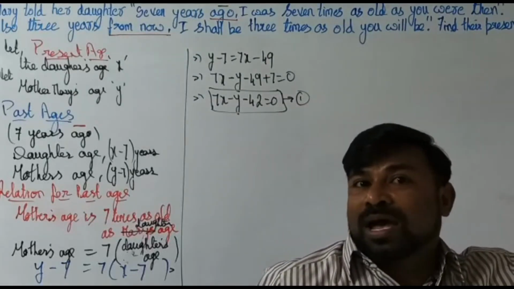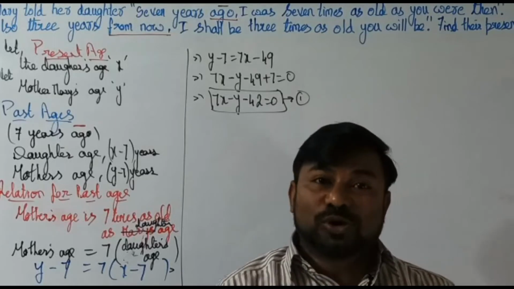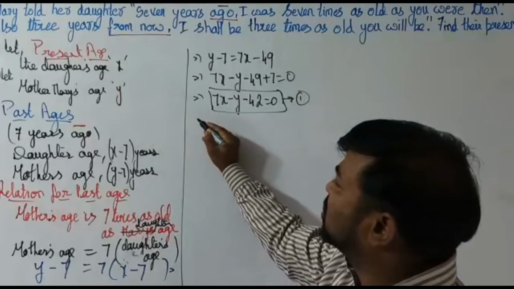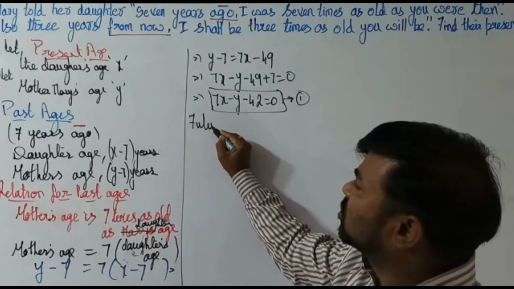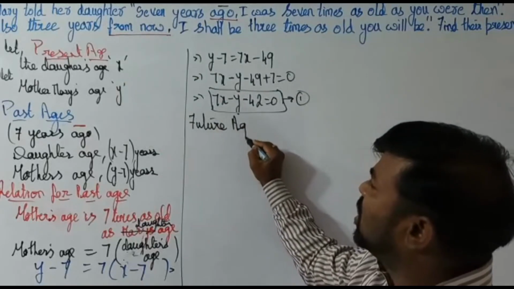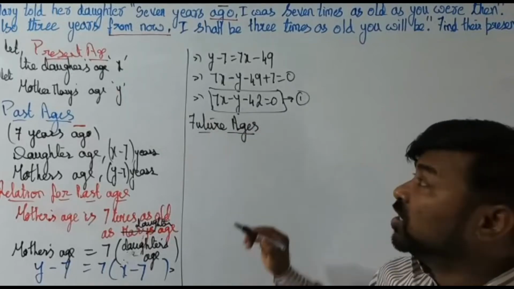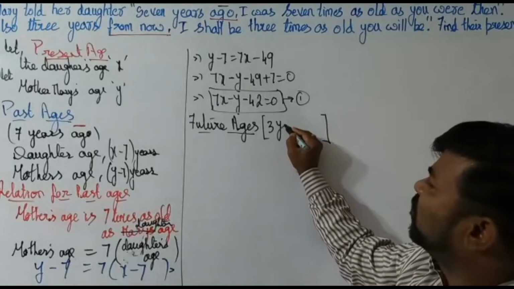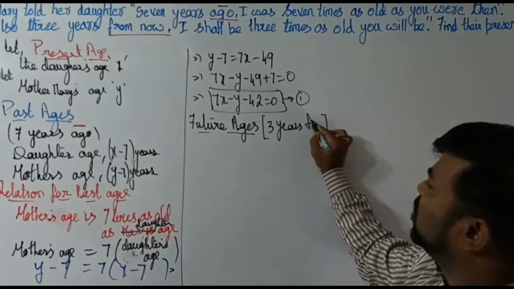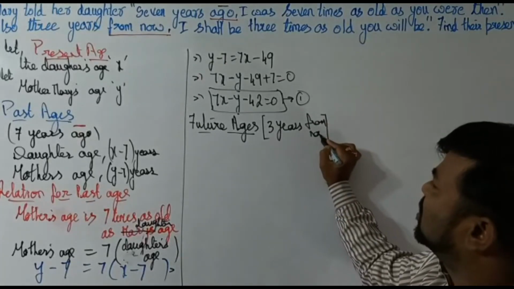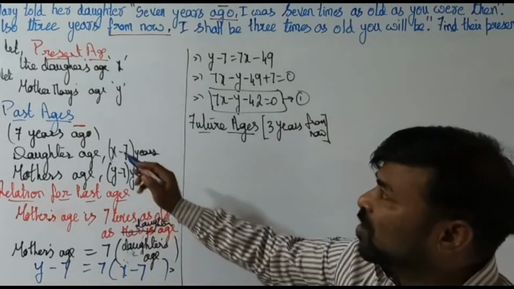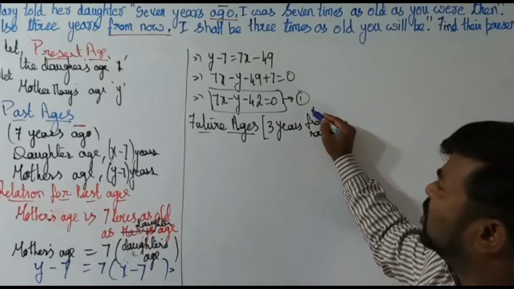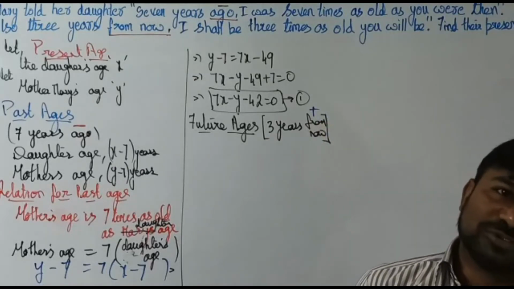How many years from now? 3 years from now. This is the relation. So you have to remember, whenever we talk about ago, it means minus, and from now is nothing but plus. That's what you have to remember.